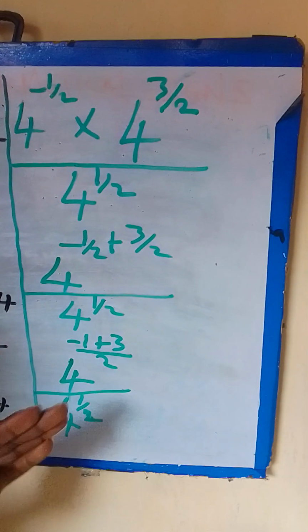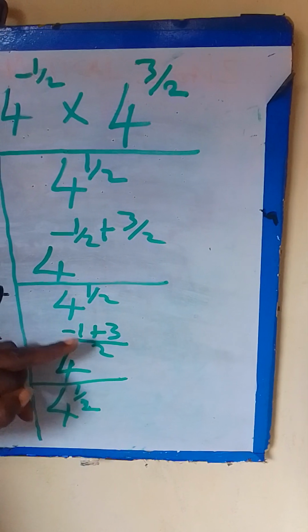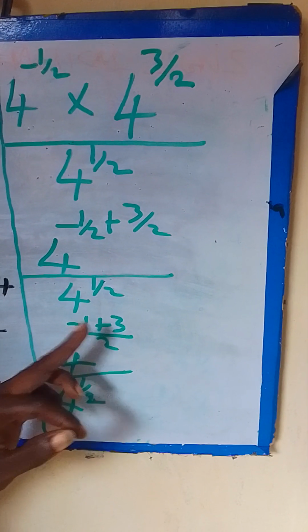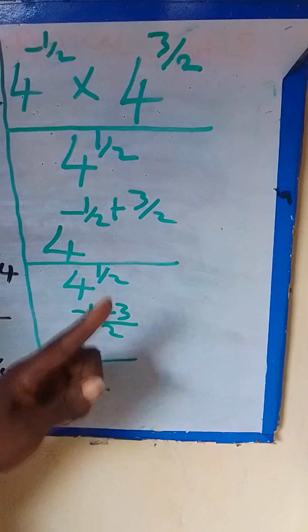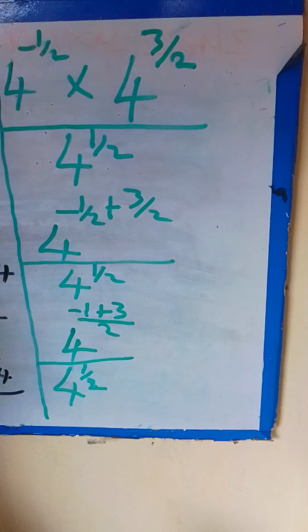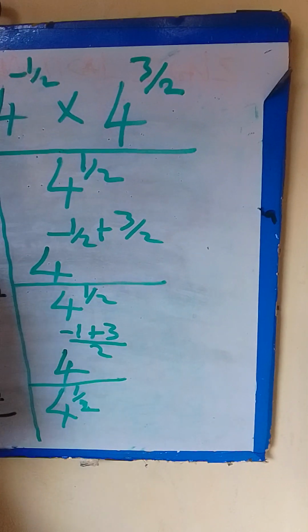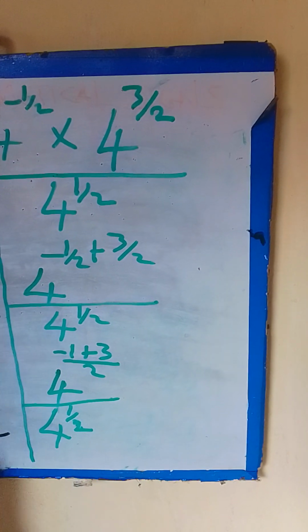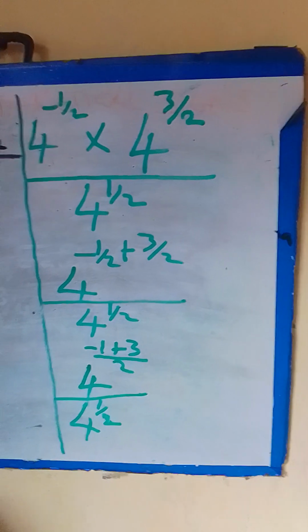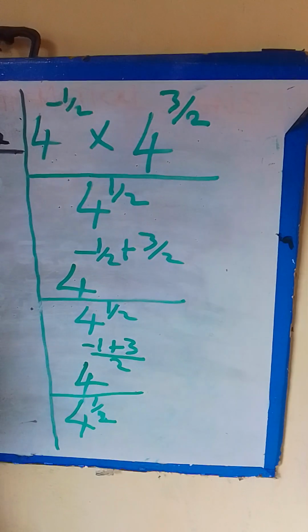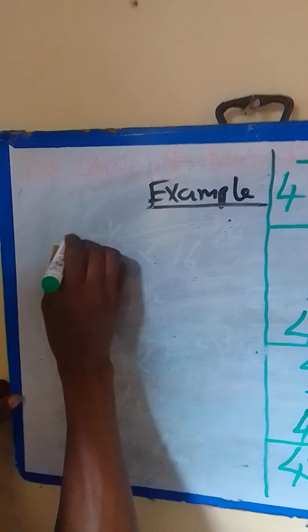When two numbers with different signs come together, subtract the smaller number from the bigger number, but let the sign of the answer carry the sign of the bigger number. Like in this case, we are going to subtract 1 from 3, and when we subtract 1 from 3, you are going to have 2.